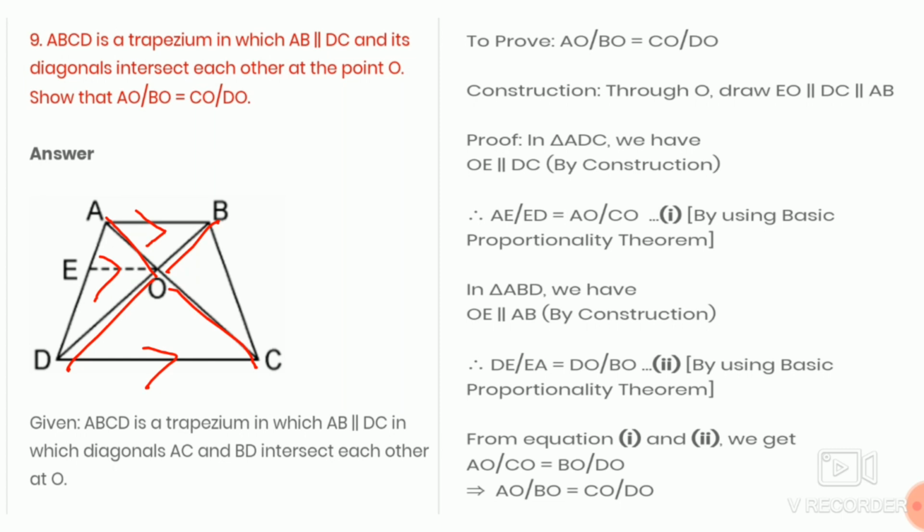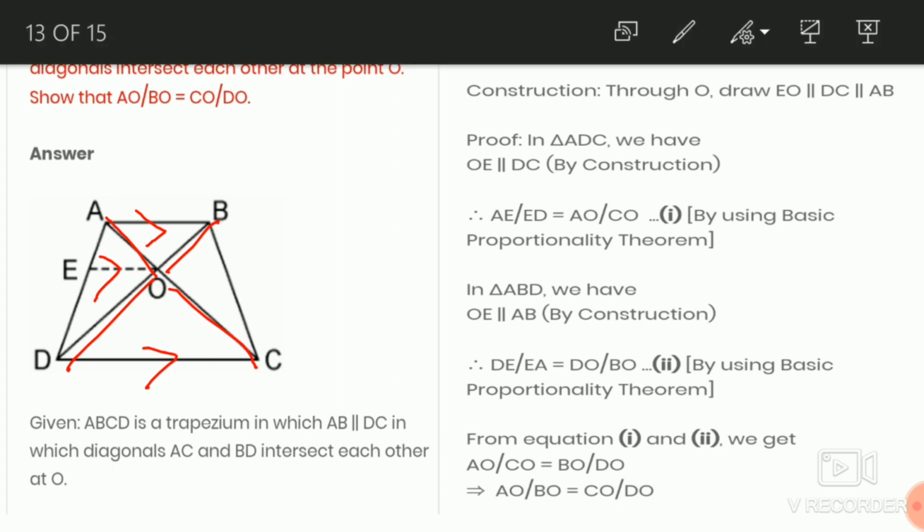So in triangle ADC, since EO is parallel to DC, by the basic proportionality theorem, we can say that AE by ED is equal to BO by DO, right? And in ADC, AE by ED, we have AO by OC. We'll mark it as equation 1.